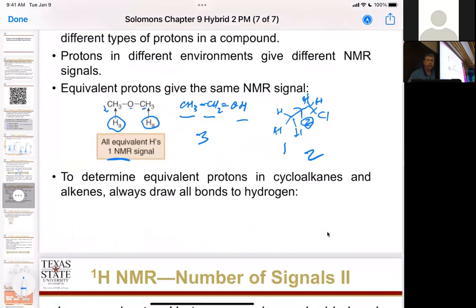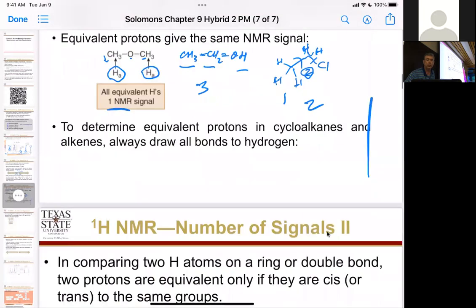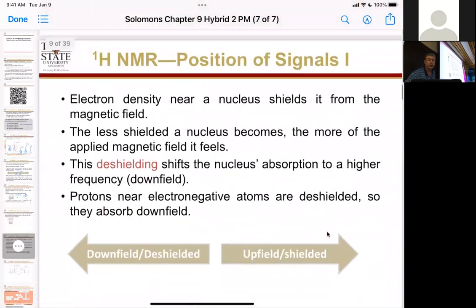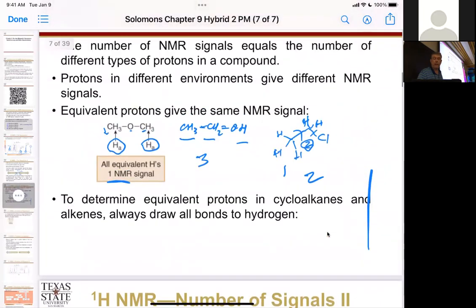Now you got to be careful when you do that, because when you have cycloalkanes, let's say you had this cycloalkane right here, and you're going to go, oh, well, that just has, let's see, there's a hydrogen here, so all these hydrogens look the same, and this hydrogen here is the same. So we're only going to have 2 signals, right? I'm not sure about that.